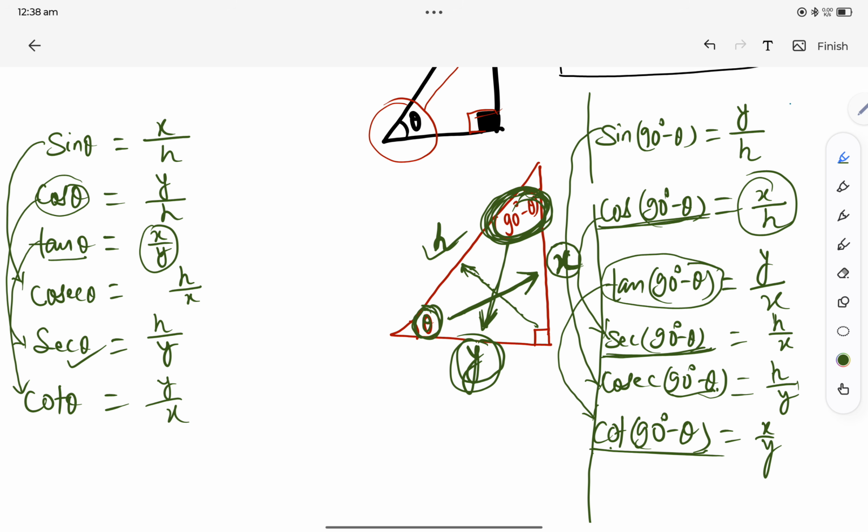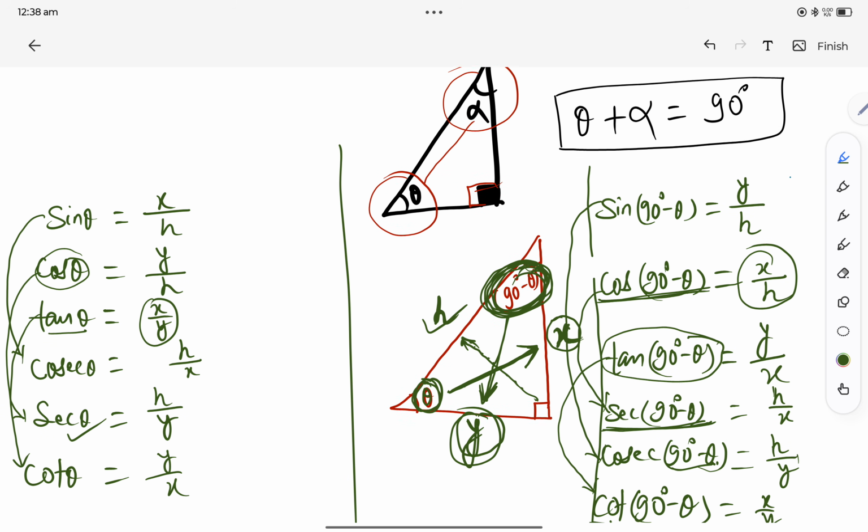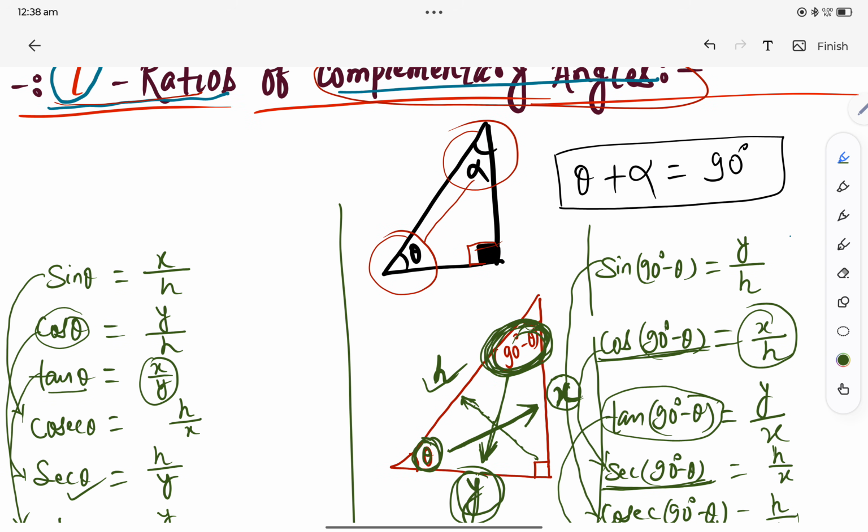So we have defined here trigonometric ratios of this angle theta and trigonometric ratios of this angle 90 degrees minus theta.